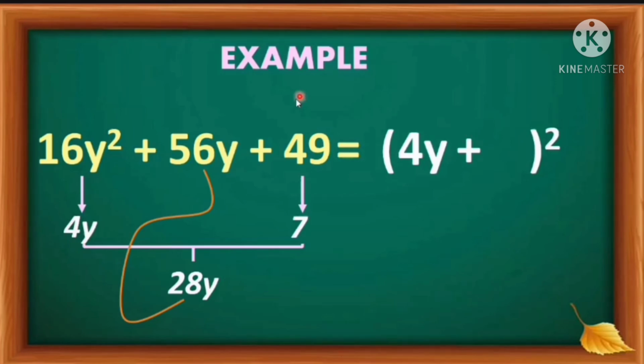And then next is the square root of the third term, that is 7. So yung 7, ilalagay natin doon. And this one here is the factored form of the perfect square trinomial 16y squared plus 56y plus 49. Okay, next.